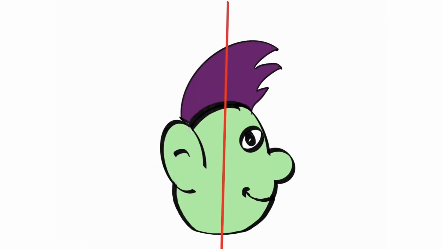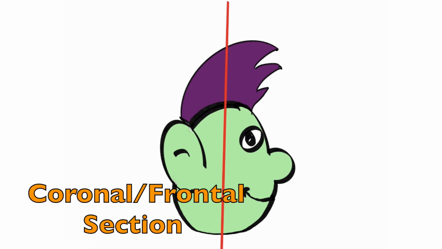This right here is what's known as a coronal or frontal section, which will divide the body or the part or organ into an anterior portion and a posterior portion. Certainly this line looks like it's going pretty much right down the middle of this head right here.